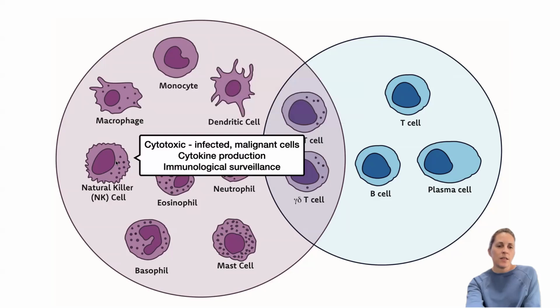So then we have our natural killer cells. These are cytotoxic cells, and these are really great at identifying and neutralizing infected and malignant cells. So cells that might have a virus or ones that may be turning into cancer. They also produce cytokines, and they are also involved in immunological surveillance.